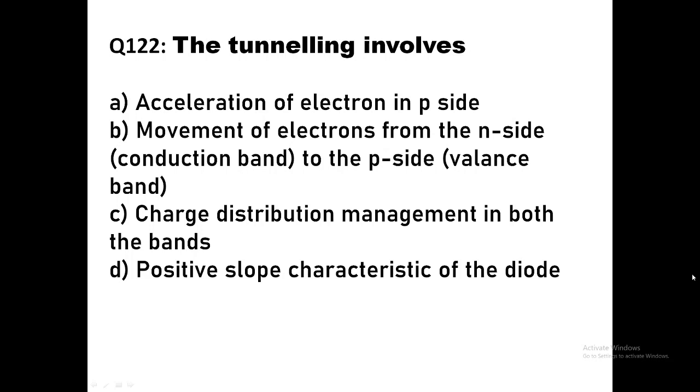Now here, the electrons from the n side are in the conduction band. Once they go to the p side, they go into the valence band of the p side. Clear? So here the answer B, that is movement of electrons from n side conduction band to the p side valence band, is the right answer when you say what is tunneling. It is just crossing over of charge carriers, which is called punching of charge carriers. It is called tunneling.